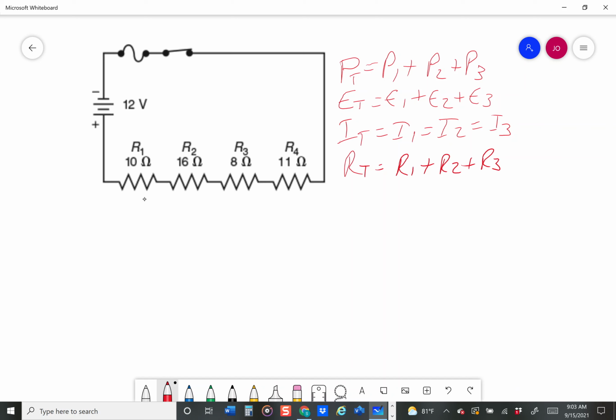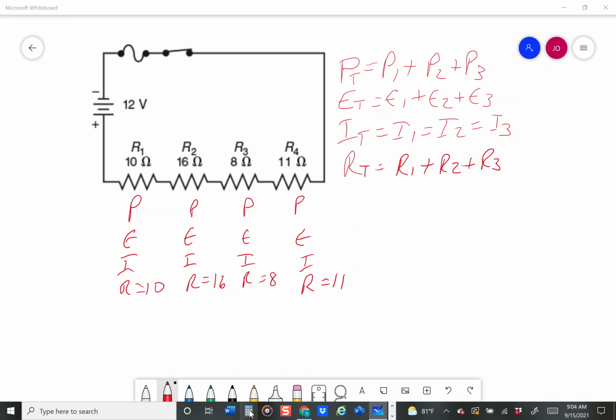So when we do this, I'm going to make a PIER chart for everything. And we probably won't solve for power in any of these today because we really don't need to. If we remember correctly, with PIER, P equals I times E, so we're not going to get too wrapped up in that. So with a 10 ohm resistor, a 16 ohm resistor, an 8 ohm resistor, and an 11 ohm resistor, we see that R total equals R1 plus R2 plus R3 plus R4 in this case.